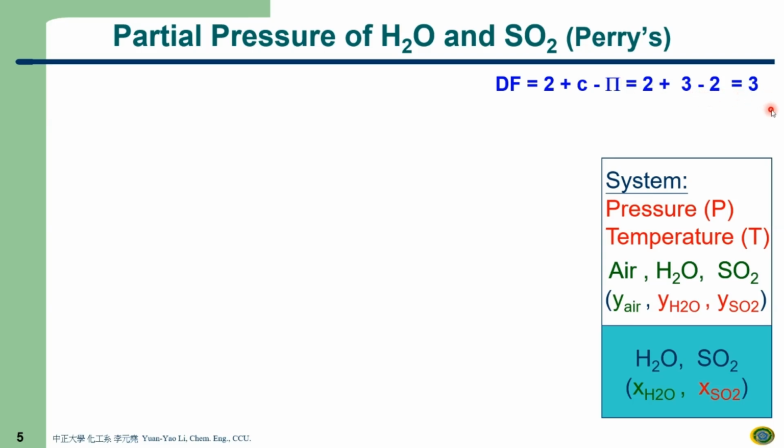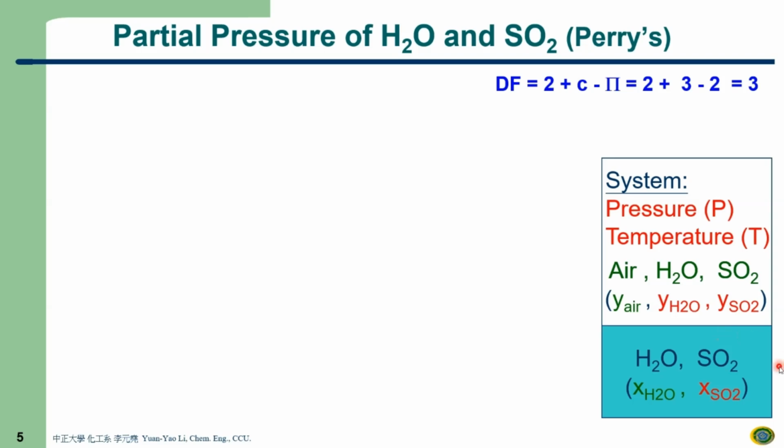What does this mean? This means that among these 5 unknowns, as long as you know 2 out of these 5 unknowns, then you can get the other 3 answers.